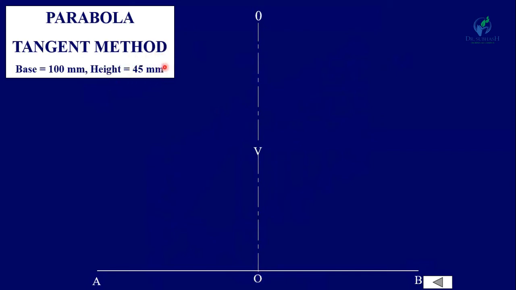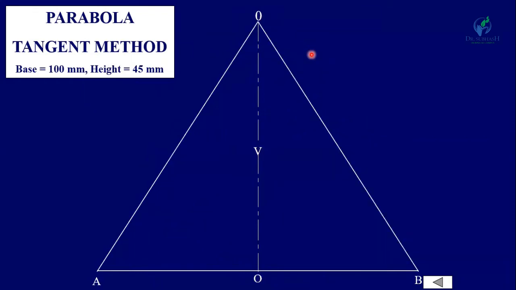Here the height is 45 mm, so you have to draw this line OO' equal to 90 mm, and at 45 mm mark vertex V. Now join this O' with A and B and complete one triangle ABO'. Now the next step is to divide this line AO' into 10 equal divisions.